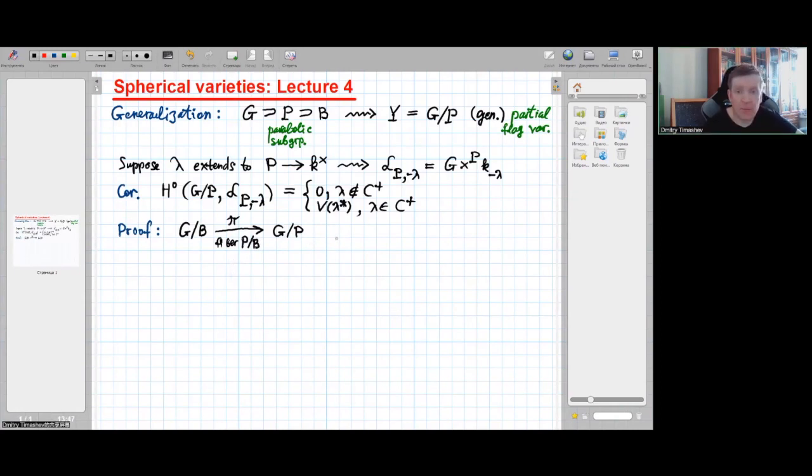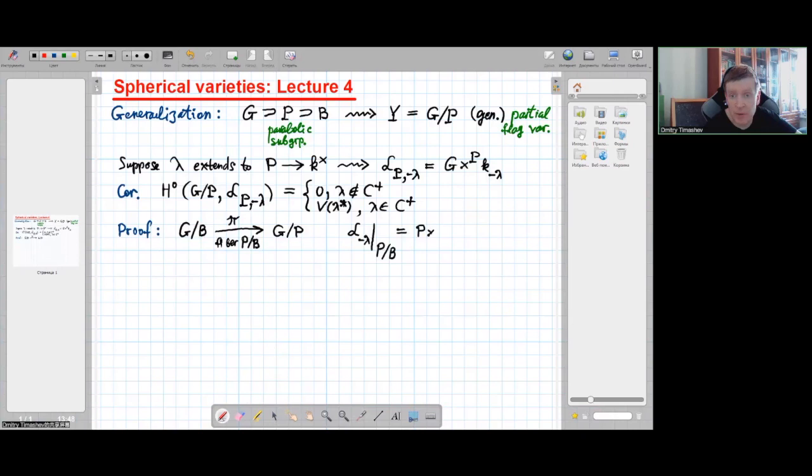So if we restrict the line bundle, which I denoted as L sub minus lambda in my previous lecture, this is a line bundle on G mod B. If I restrict this line bundle to the typical fiber, P over B, then I get a homogeneous line bundle on this smaller variety.